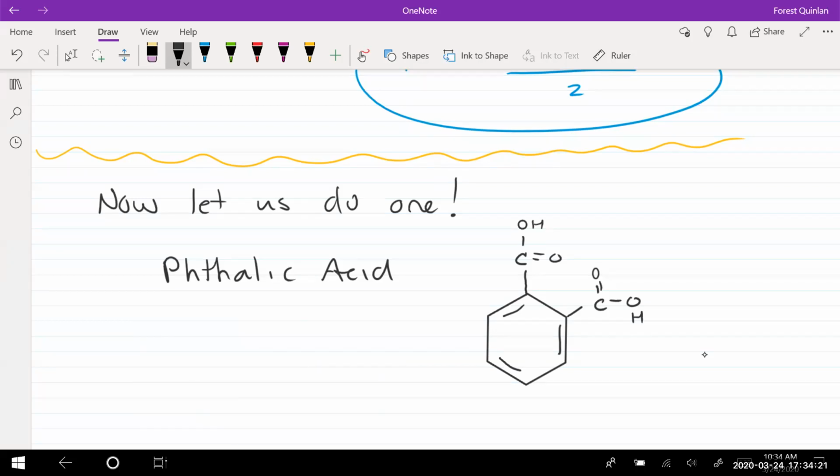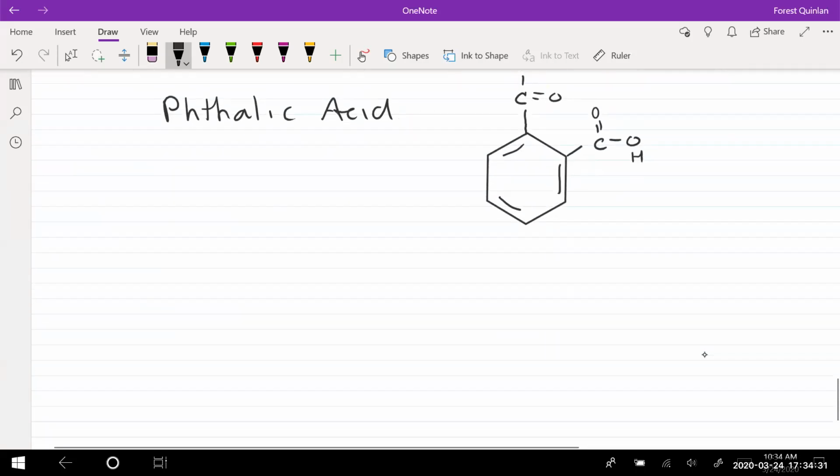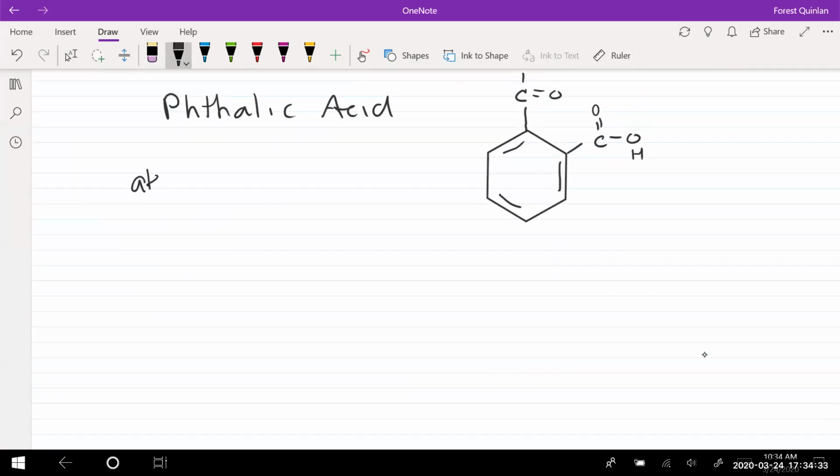All right. Now, by the way, this phthalic acid, you guys actually know what this is. AKA your good friend. Dicarbolic acid. No, it's vitamin D, right? You guys remember KHP?